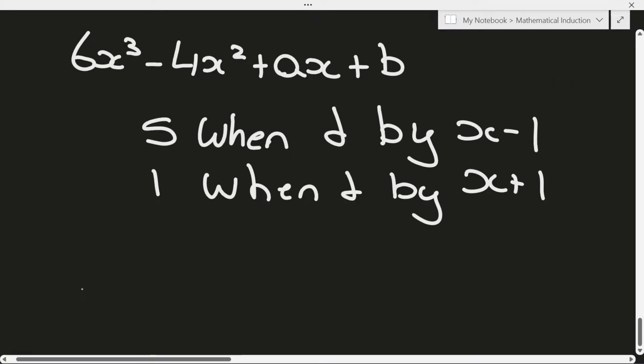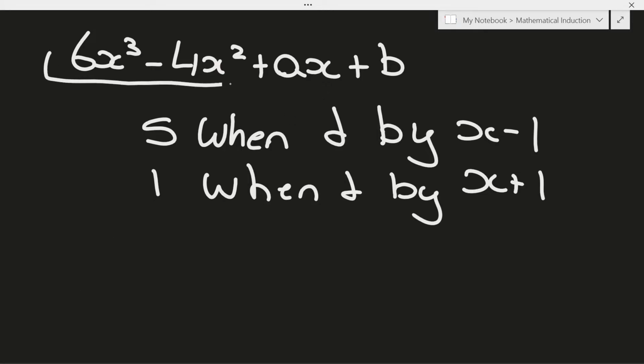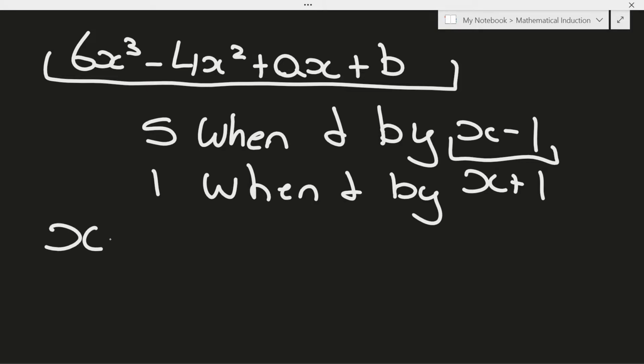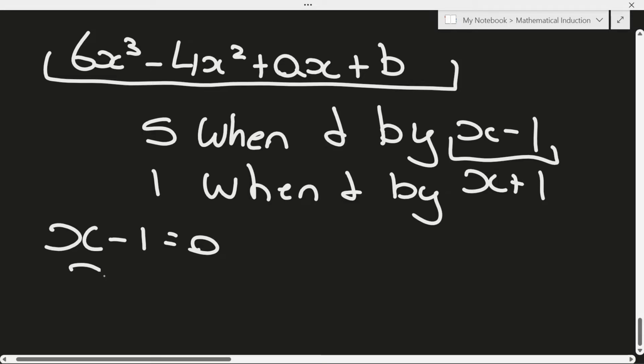It happens, right? So this polynomial leaves a remainder of 5 when divided by x minus 1. So by remainder theorem, if we set x minus 1 equal to 0, we can get the value for x being equal to 1.